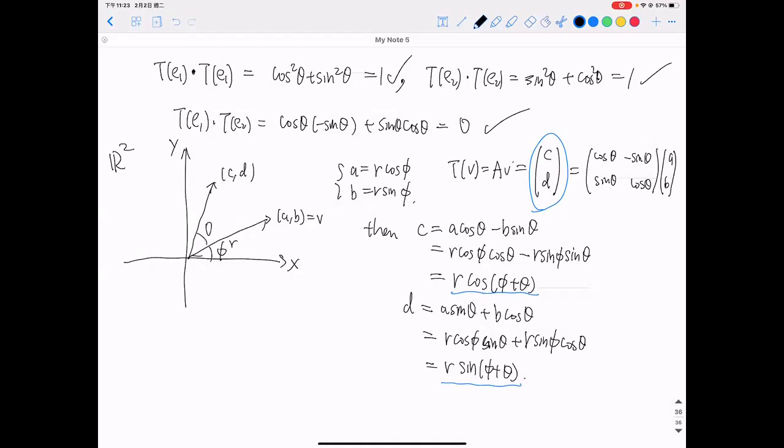This angle here is theta, and the length is still r. So you basically rotate counterclockwise by the amount theta. So what this is telling us is that T is the counterclockwise rotation by an angle theta.